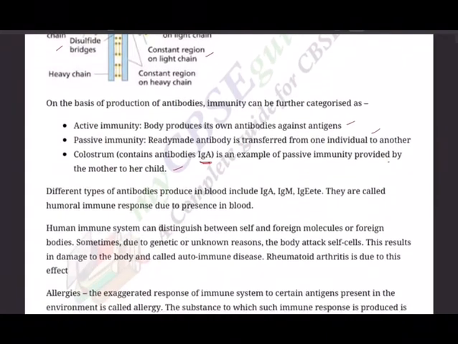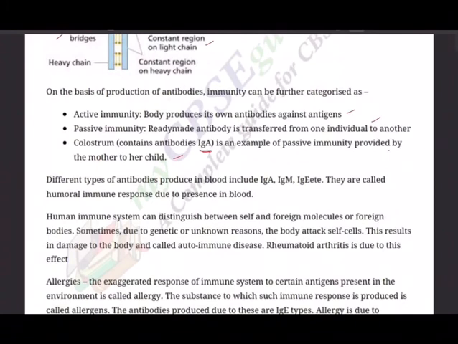So different types of antibodies produced in blood include IgA, IgM, IgE. They are called humoral immune response due to presence in the blood. So human immune system can distinguish between self and foreign molecules or foreign bodies. Sometimes due to genetic or unknown reasons, the body attacks the self cells.